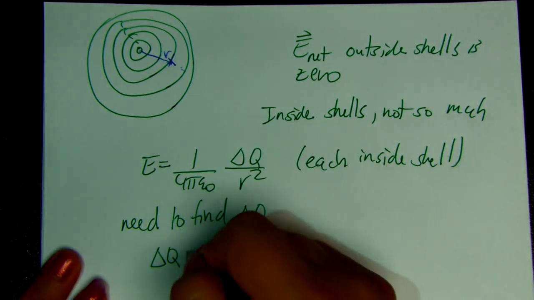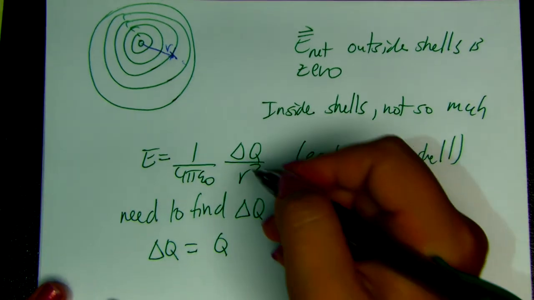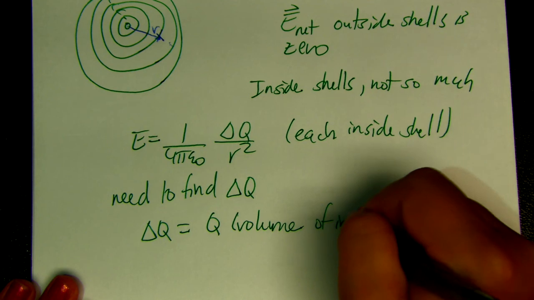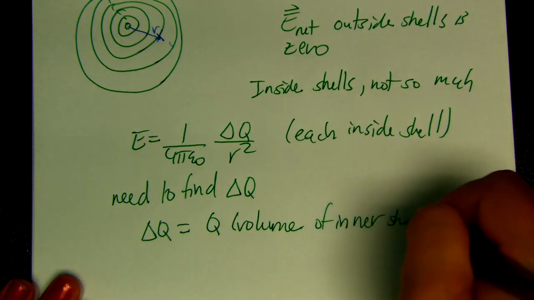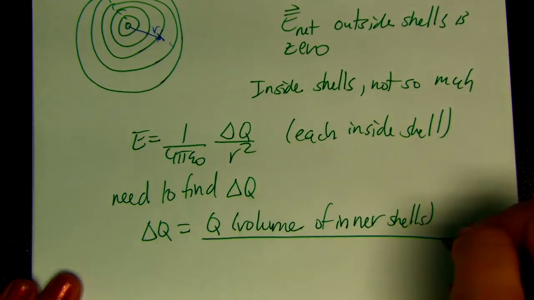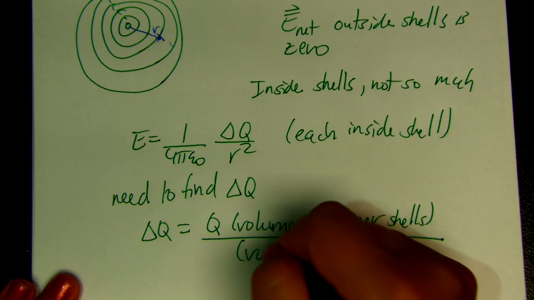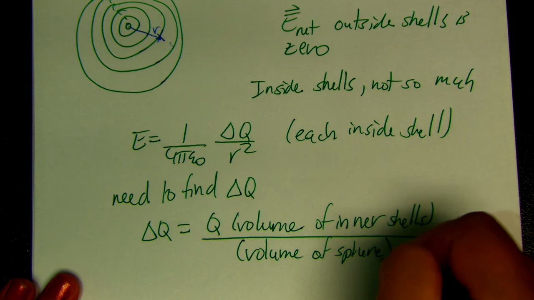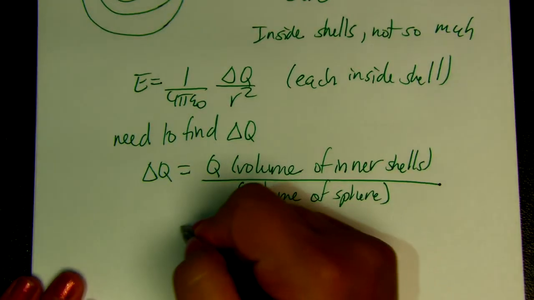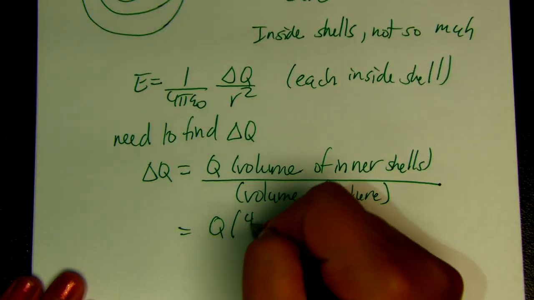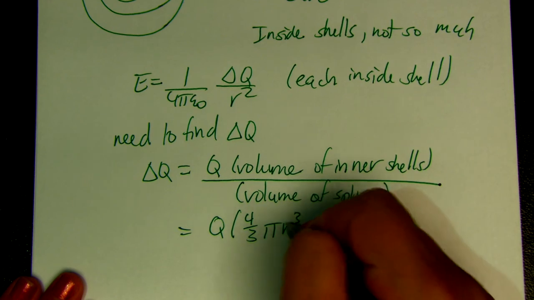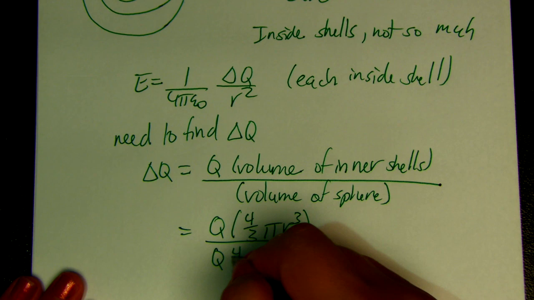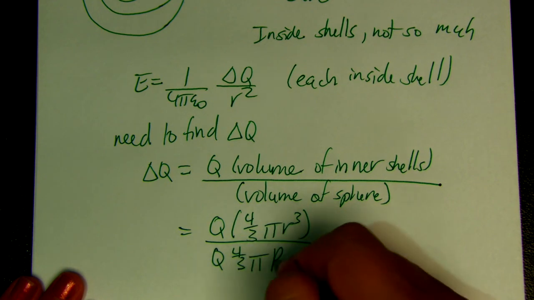So delta Q is going to be equal to the total charge Q times the volume of inner shells divided by the volume of the sphere. So this is equal to Q 4/3 pi r cubed divided by 4/3 pi big R cubed.